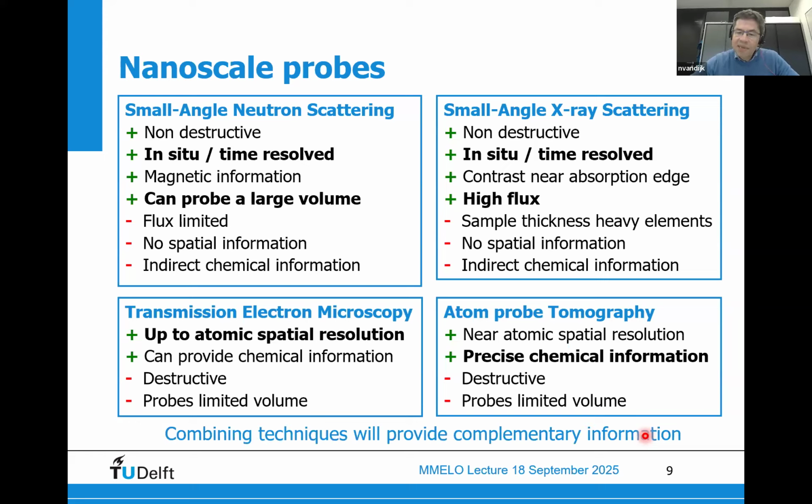So my conclusion is that quite often there's a lot to be gained by combining some of these techniques. So quite often, if we do neutron scattering, we always combine it with at least one of the two other more conventional techniques like transmission-electron microscopy and/or atom probe. And the combined thing gives then a lot of extra information.